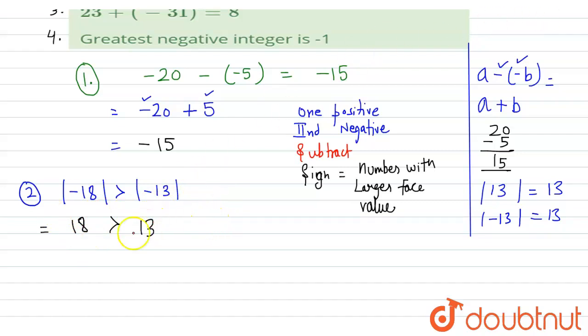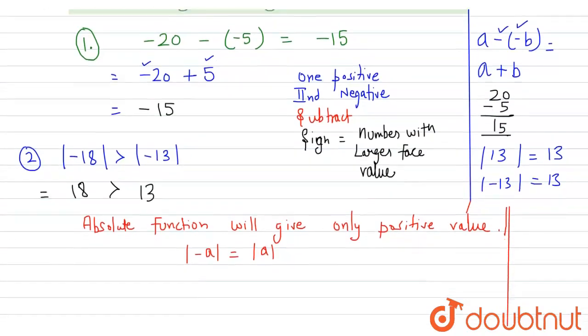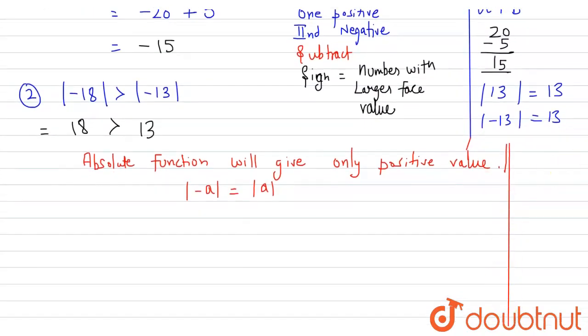So that means it is also true. The absolute value function will give only a positive value. If we write negative a, we still get a.